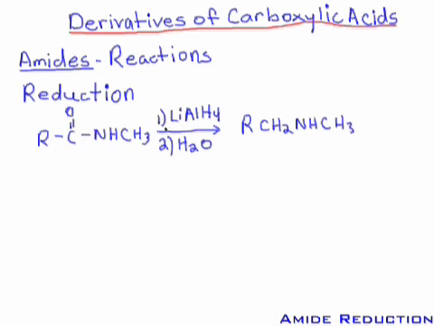So there you go. If the R group was an ethyl, let's say in this case R equals CH2CH3, then my N-methyl propanamide.